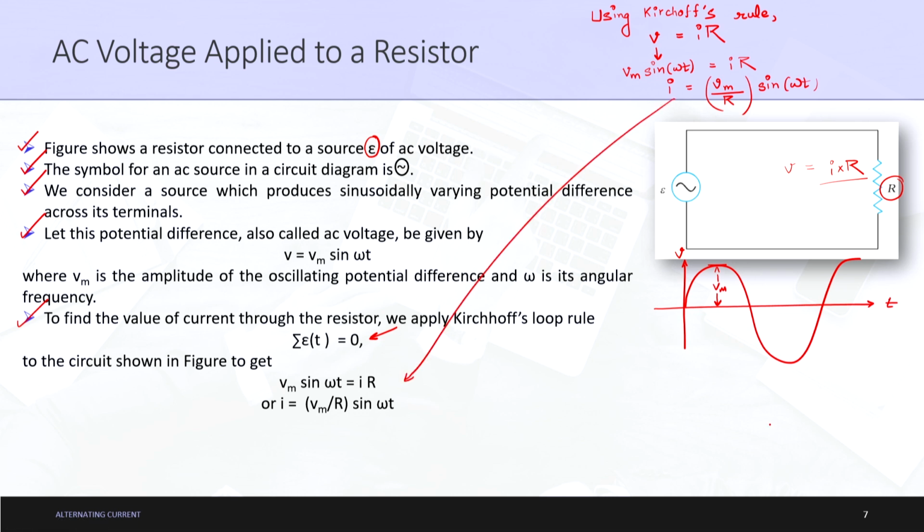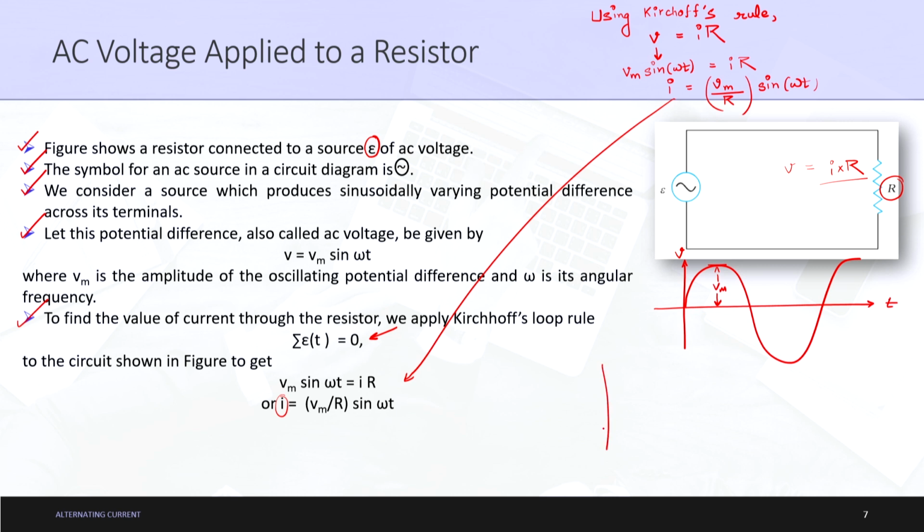So, what we got till now is the current flowing through the AC voltage circuit which only has a resistor: I is equal to Vm by R sin omega t. As you can see, Vm is a constant value for a voltage being supplied, and capital R is a constant value. So, I is also a sinusoidal waveform which changes with time.